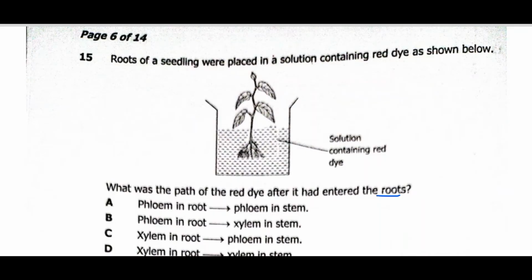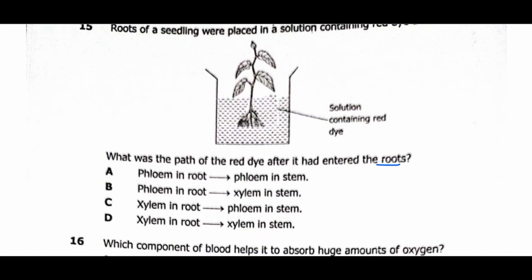Then the xylem must transport that to the leaves. So we'll say xylem in root, then xylem in stem. So our answer is D. The point here is the movement of a solution or a liquid is always in xylem.